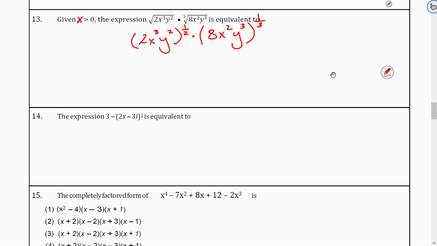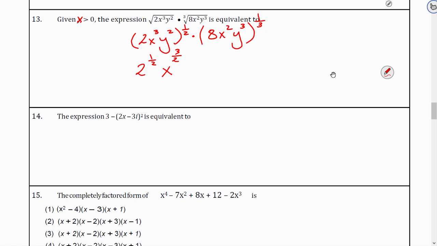The square root of 2, or 2 to the 1/2, is just the square root. X cubed to the 1/2, I'm going to multiply that together. That's how you do it with laws of exponents: an exponent to an exponent, you multiply. So I have x to the 3/2 power.